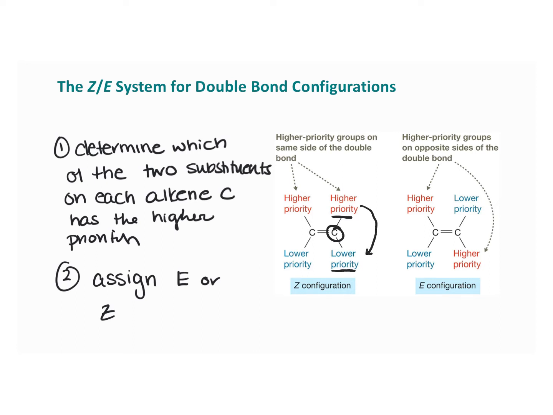So this one is compared to this one, and over here, this one is compared to this one, to determine what's high priority. What you're going to see is that the high priority groups are on the same side of the double bond. That's the Z configuration. And if they're on opposite sides, that's the E configuration.